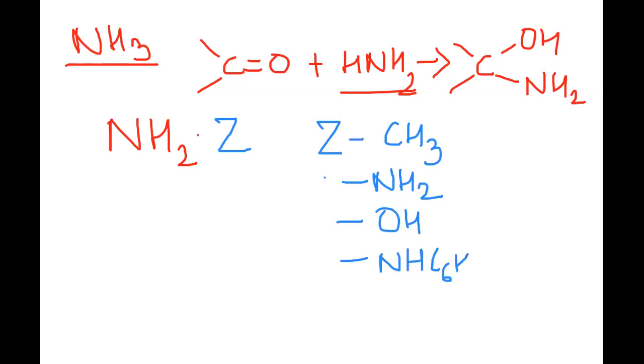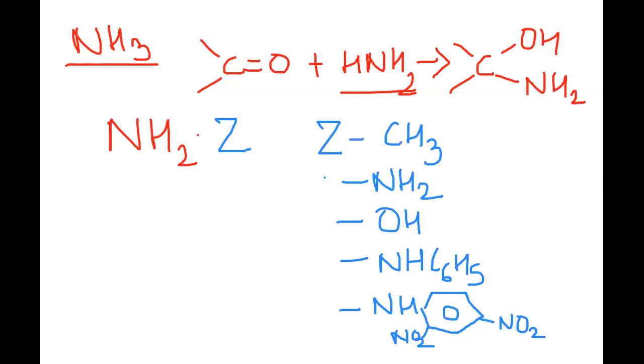it can also be NHC6H5, it can also be NH with a phenyl ring having the second and fourth positions as NO2. So this is called 2,4-dinitrophenylhydrazine.